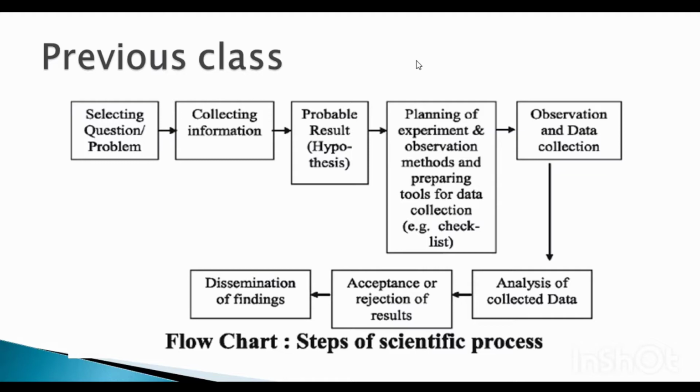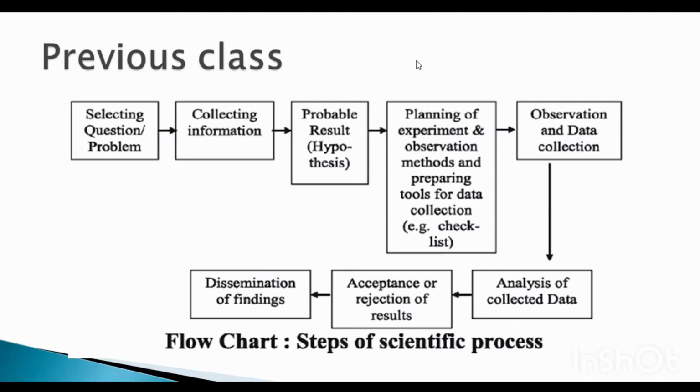Then your third step: probable result, or hypothesis. What does it mean? I hope you understood the meaning of hypothesis in your previous class. According to your hypothesis, you go to the next step. The step name is planning of experiment and observation method and preparing tools for data collection. That is a checklist.